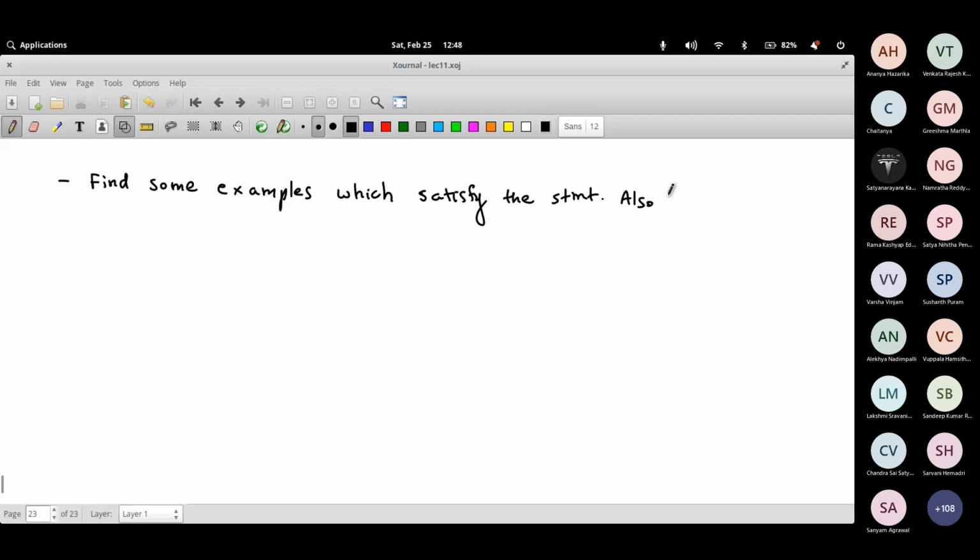Also, try to find at least one counterexample for the statement.